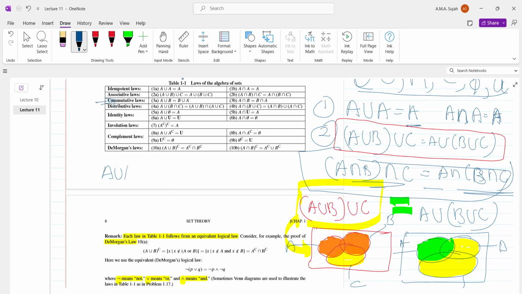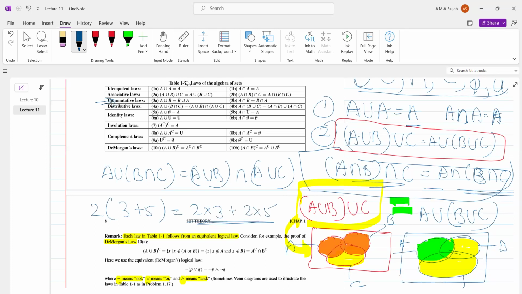A union B intersection C is equal to A union B intersection A union C, right? We will expand the bracket, this is similar to, let's say if you have an element 2 into 3 plus 5, then we can write what? 2 into 3 plus 2 into 5, right? The similar concept we apply here.